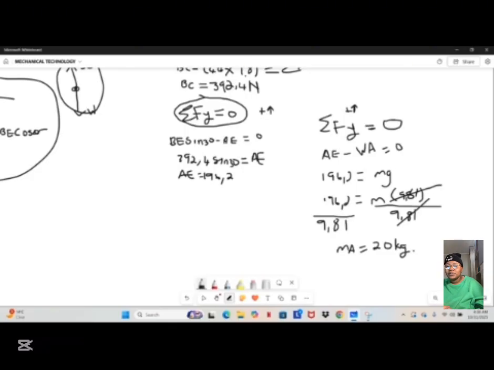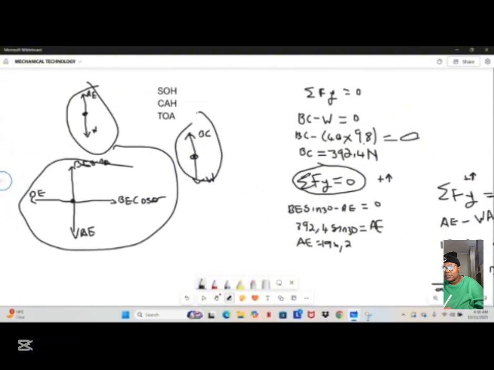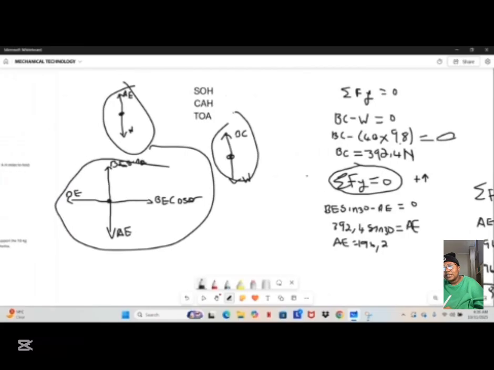Here are questions which you can solve by yourself. It's questions like these ones. Number 1, you should know that you have to draw a free body diagram, which means you have to indicate first which sides you go to and which sides you're not going to.